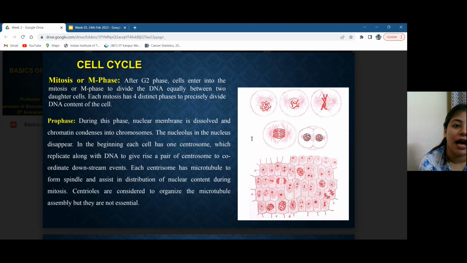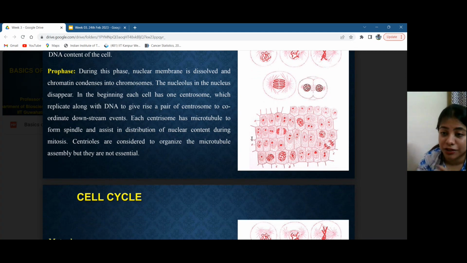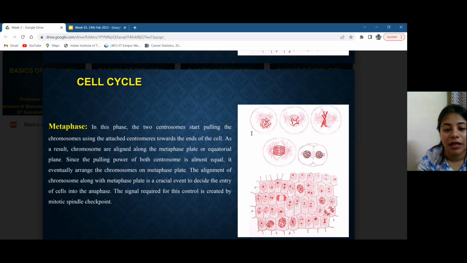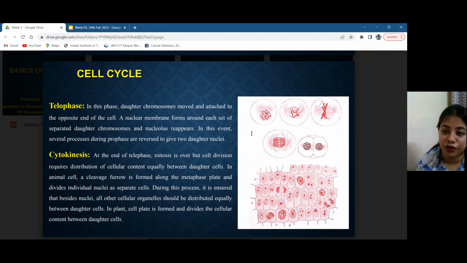Under M phase, each of the different subphases were also discussed, such as the prophase, metaphase, anaphase, and of course the telophase. After all of this is done, at the two poles of a dividing cell you can see the genetic material has separated.